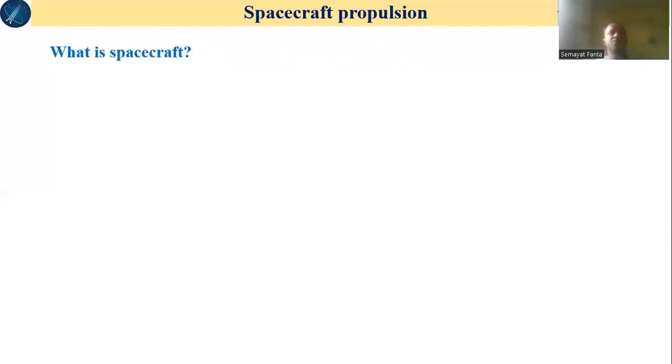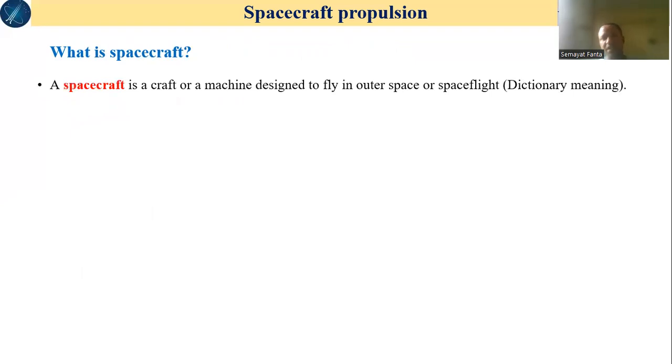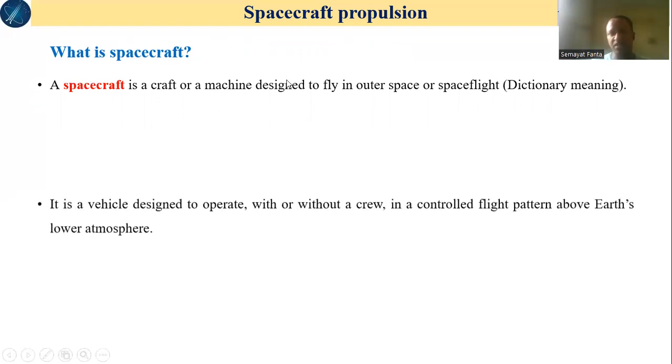So, starting from the word spacecraft. Spacecraft are simply vehicles, mechanical systems, machines, crafts designed to fly in space, or useful for space flight. That is directly taken from the dictionary meaning.